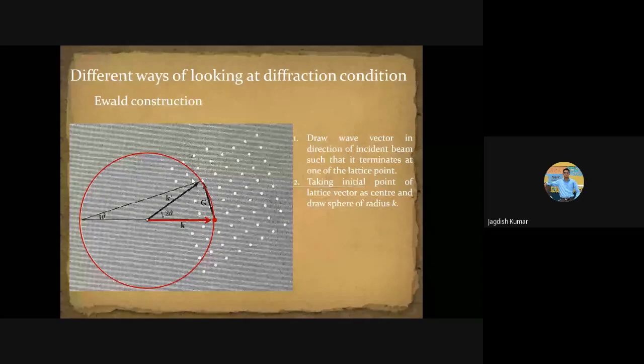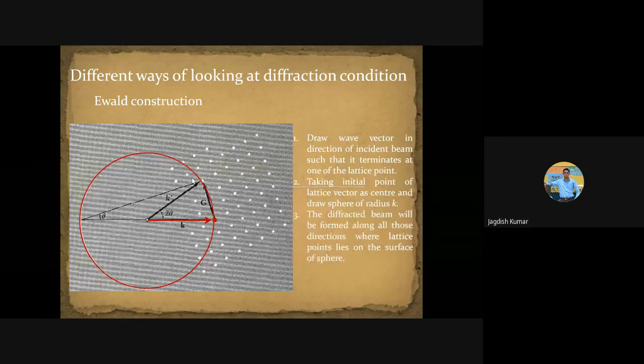In the 2D case we draw a circle, but since we are actually dealing with a three-dimensional crystal, we draw a sphere of radius k. Where we will get the diffracted beam, or maximum intensity, and at what angles, can be obtained from this condition.